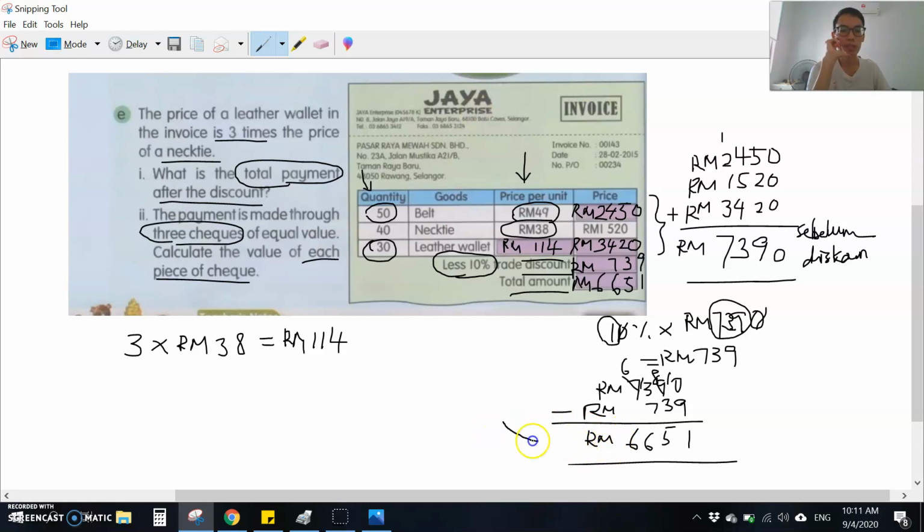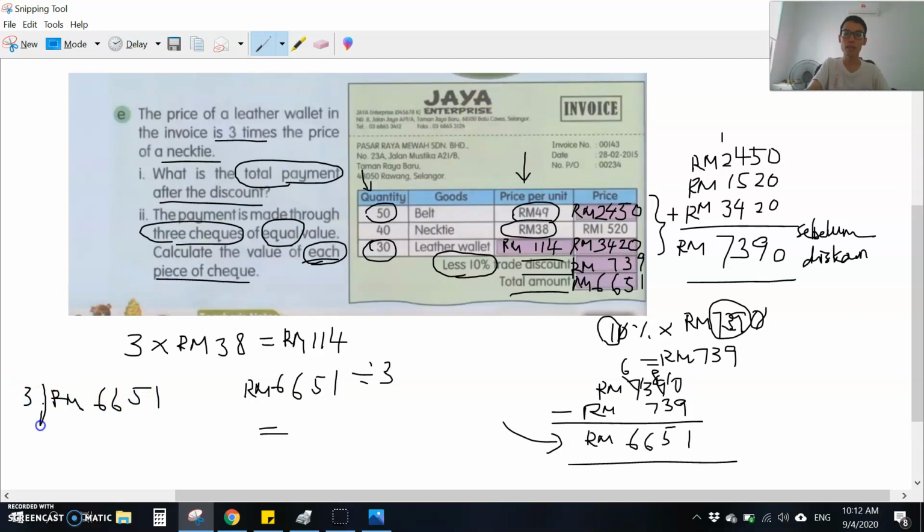So you take this new price, the after discount price, and then you divide 3 because there are 3 checks. You see the keyword like equal, you see the word like each. So you know you have to divide. So 6,651 divide 3.